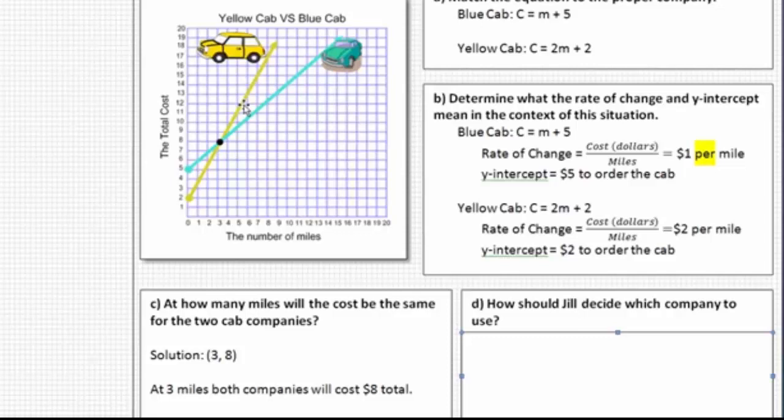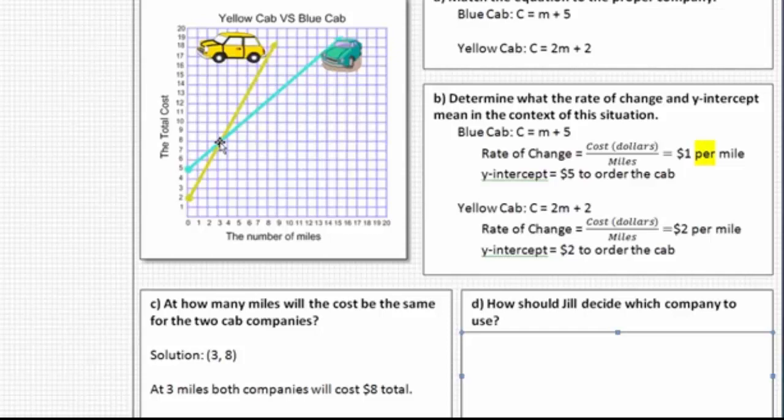And so if you're leaning towards, well, it depends, you'd be absolutely correct. Because if Jill is only going to go 3 miles, if that outlet mall is only 3 miles from her house, it really doesn't matter which cab she uses because it's going to cost the same.